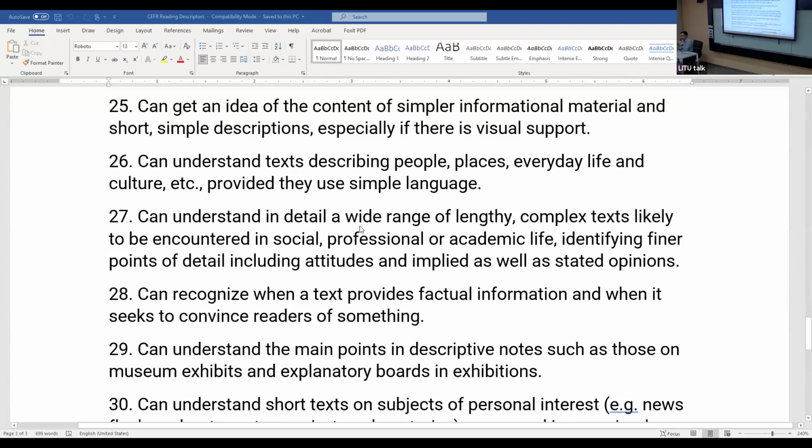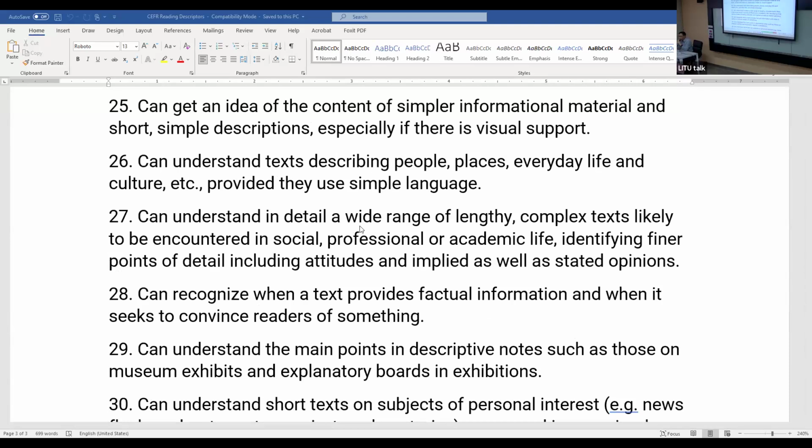25. A1 or A2? A1. I think if you're A2, you could do this without visual support, but you need visual support for this, so A1.